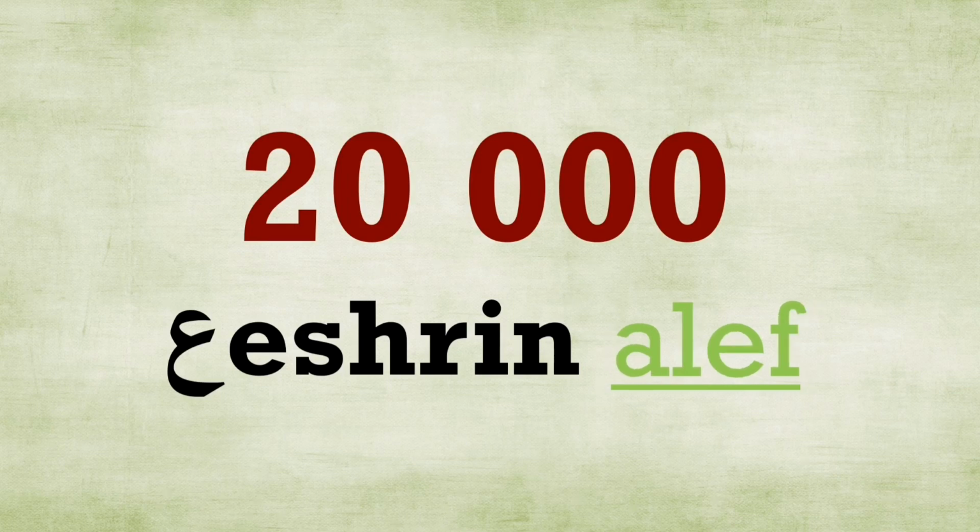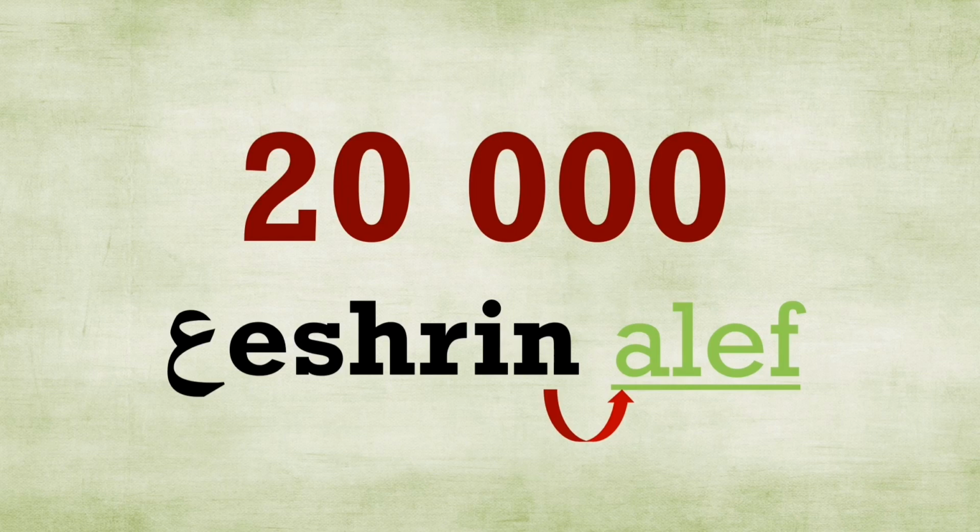You should notice here that we said 1000 and we did not say lef. Lef is wrong. But if you want to sound Moroccan, you can connect between N and A and say 20,000. Listen carefully. 20,000. That's how Moroccans say 20,000.